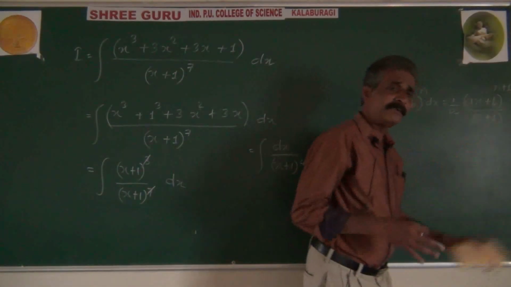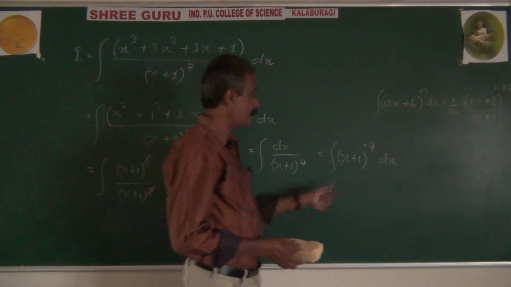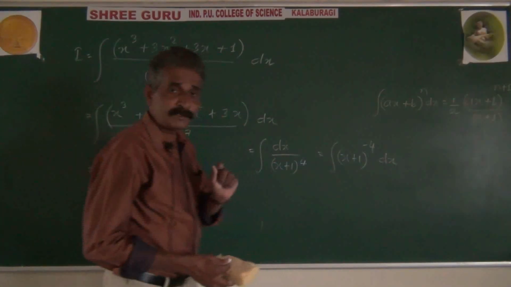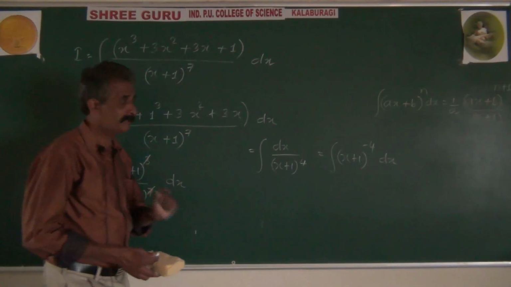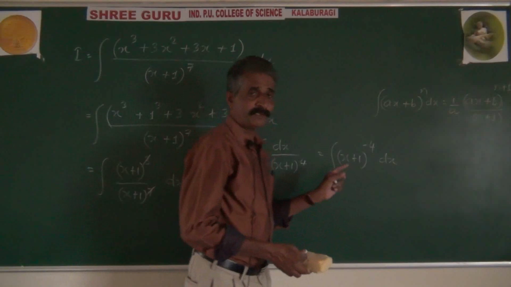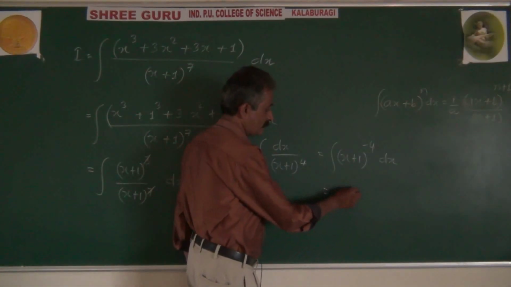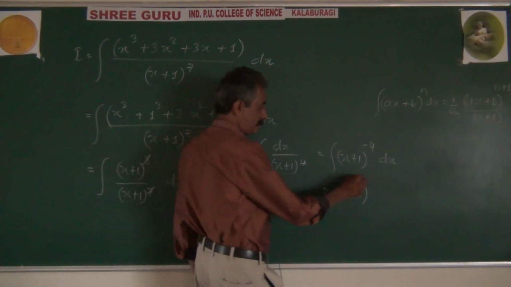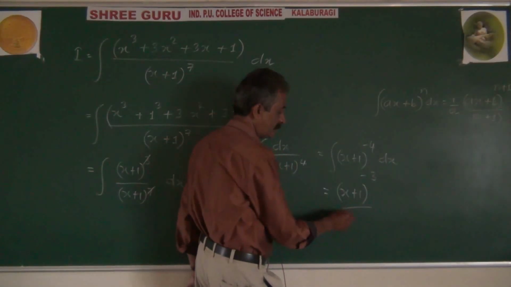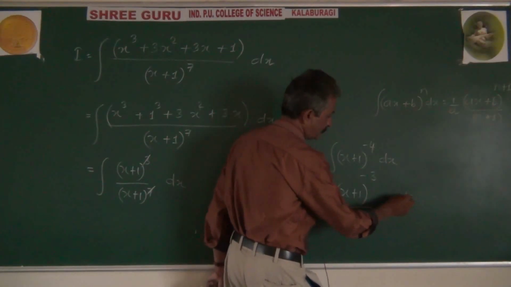Or you can even treat it just like x to the power n, but in place of x we have x plus 1. The only thing is, if there is a coefficient of x, you have to be careful. No coefficient of x, no question of being careful here. Answer: (x plus 1) power minus 4 plus 1 becomes minus 3, divided by minus 3, plus constant.